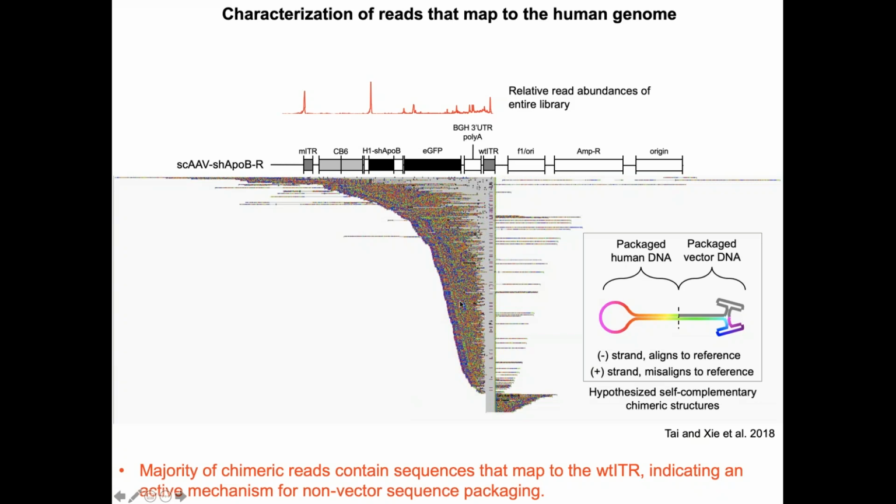The second is that we didn't see this phenomenon of these reads sharing sequence similarity between the vector genome as well as the human genome sequence. These, it turns out, actually are chimeric genomes. So they arose from some type of recombination event where you have packaging of aspects of the vector DNA that are now contiguous with a human genomic sequence.